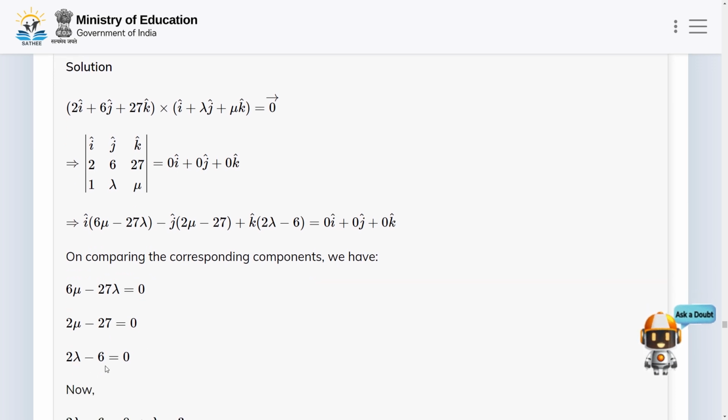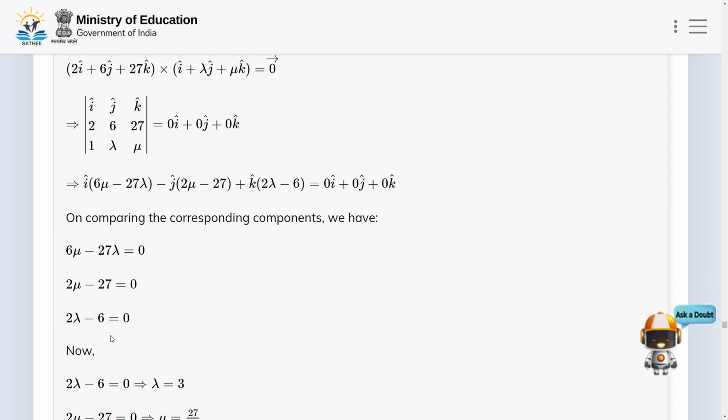Now solve them. From the last equation, you can get that lambda must be 3. If lambda is 3, what about mu? Mu will be 27 by 2, which means 13.5.